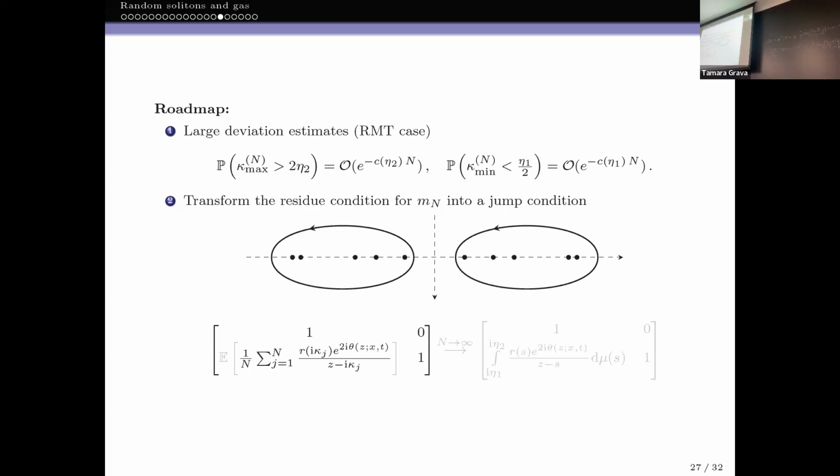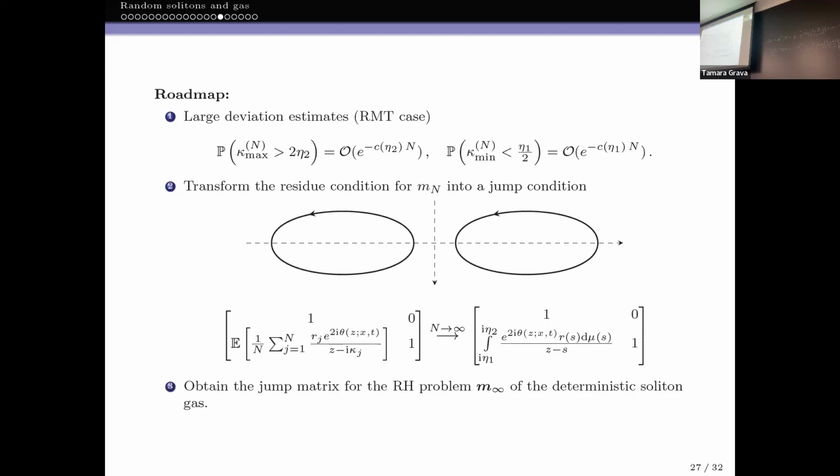So the pole condition can be reduced to a jump condition for a certain matrix, and this is the matrix, and this is still the problem for the random gas. And then I take expectation of this jump matrix in the limit n goes to infinity, and I arrive at a deterministic problem, which I call N infinity.